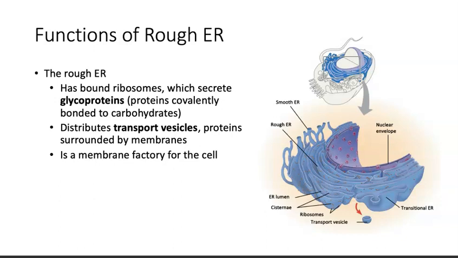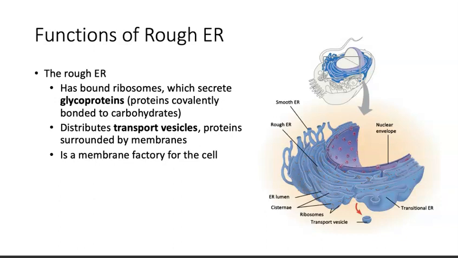That root word glyco there indicates that you're talking about some sort of sugar. And a lot of these are very long chain polysaccharides. The rough ER makes the proteins, again, specifically the glycoproteins. That's very, very common. And then it puts those glycoproteins into transport vesicles. And those proteins are now surrounded by a membrane.